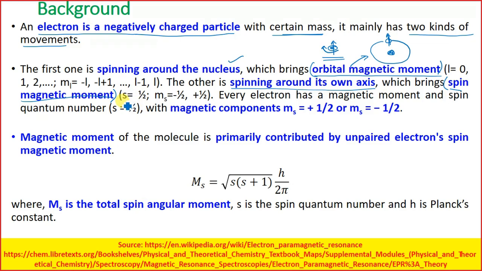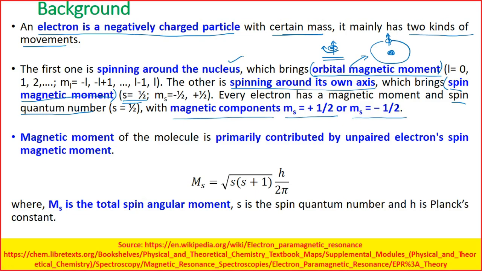Herein S is equal to half, which is the spin quantum number. The magnetic components associated here are ms equals half and ms equals minus half. So it is just similar to our proton.